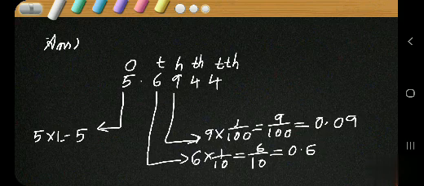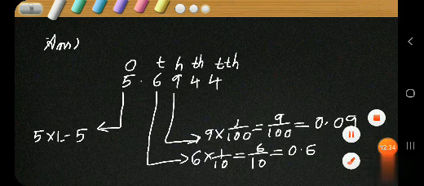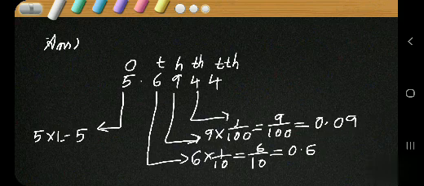Okay. Next, we have to find out the place value of 4. First 4. 4 is in which place? Yes, 4 is in thousandths place. So, for finding out the place value of 4, we have to multiply 4 with 1000 or 1 by 1000. Yes, since 4 is in the decimal part, we have to multiply 4 with 1 by 1000.